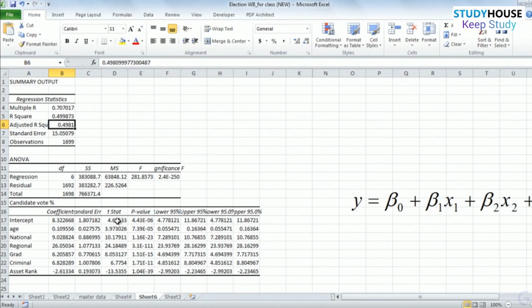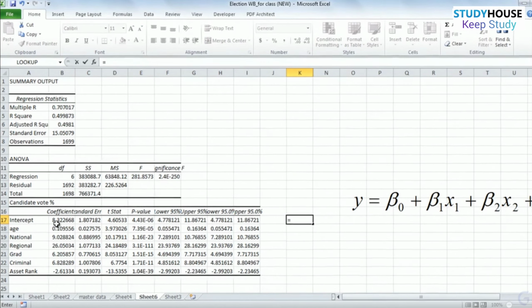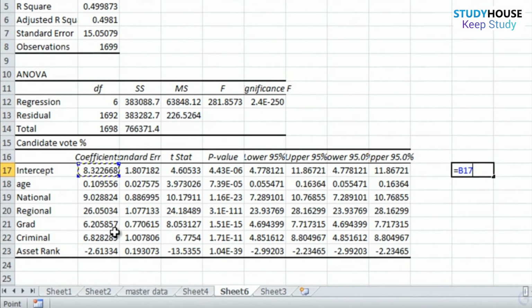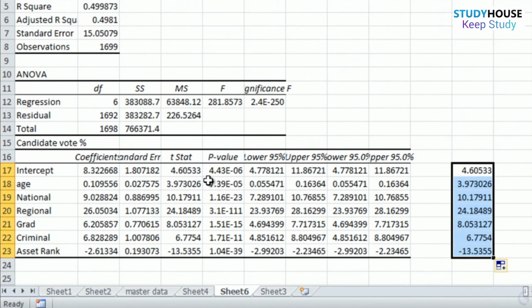So how does one calculate the t-statistics? It's a very simple calculation where the t-statistic is calculated as the coefficient, let's say beta 0, divided by the standard error. So that would be the t-statistic value for the intercept term. So that's 4.6053. I can similarly generate the t-statistics for all the values. How significant is it?